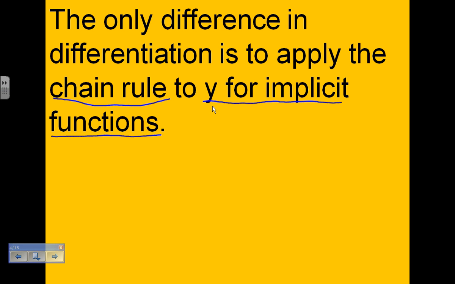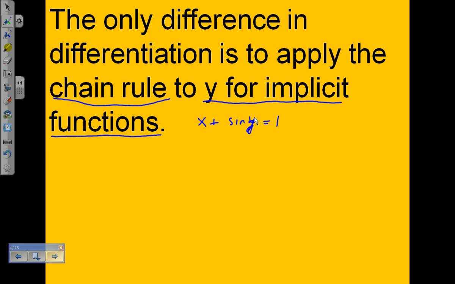Say you had x plus the sine of y equals 1. I'm going to ad lib this. The first thing you would do is put your parentheses around the y. Now if I want to take the derivative, what's the derivative of x? It's 1.